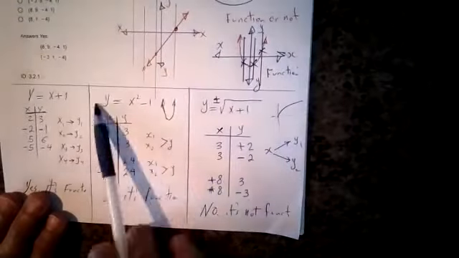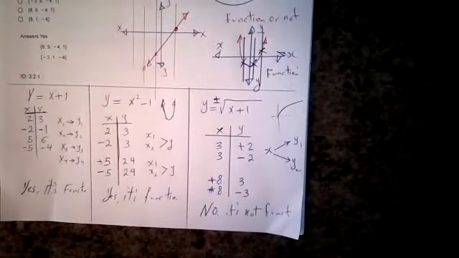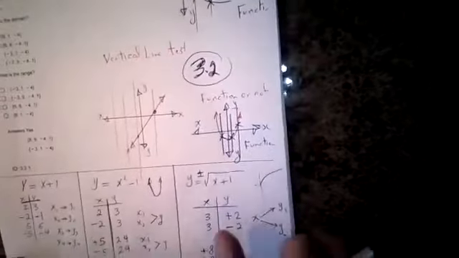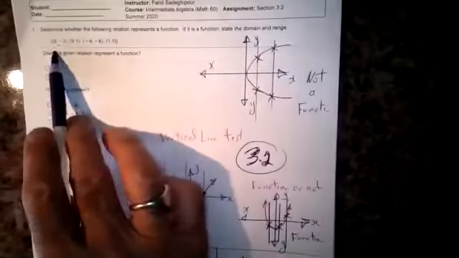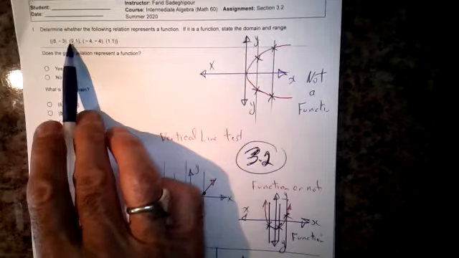Okay, this is when you do it graphically, and this is when you do it by algebra if you have equations. If we give you an equation and ask you to tell whether it's a function or not. Okay, so in this example here, you understand all these points, the first number is x and the second is y.